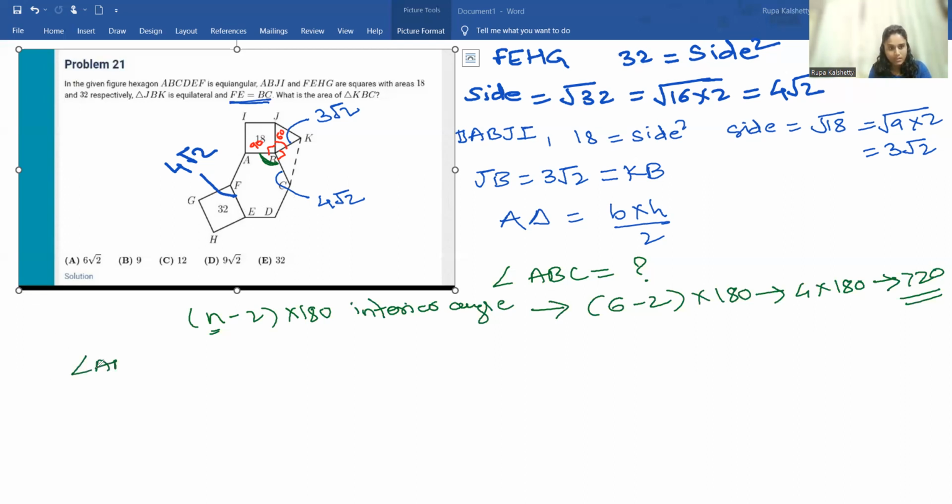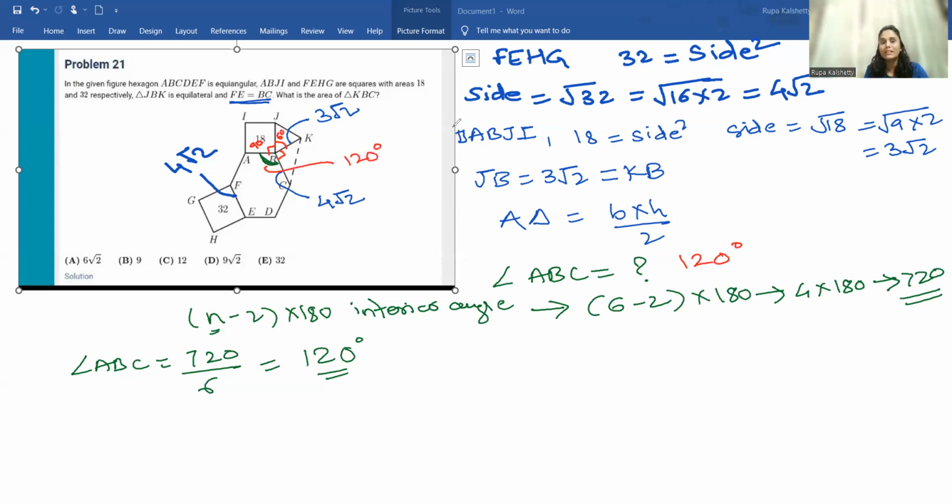So angle ABC is going to be 720 divided by 6, because the hexagon has 6 angles, which gives you 120 degrees. So now we know that this angle is 120 degrees.